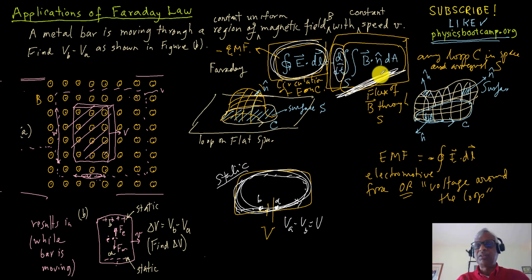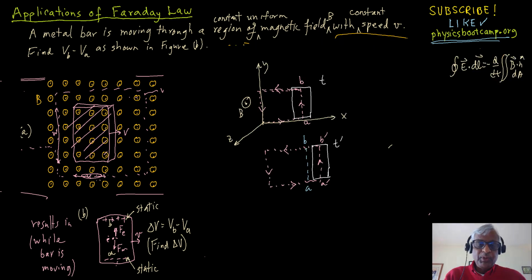If the flux was not changing, like if this thing stopped, then E dot dl would be 0. So I need to find a C and find an S in every problem. That's the way to attack it: find the C and find the A for the problem at hand. So what is the C and what is the S for this problem we need to do?